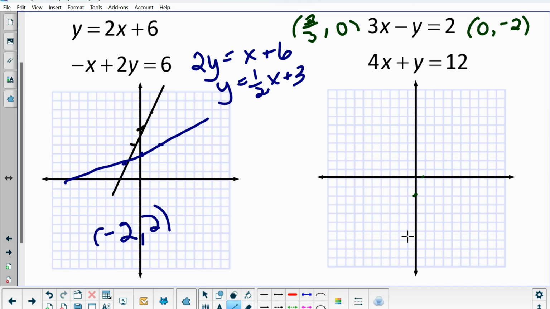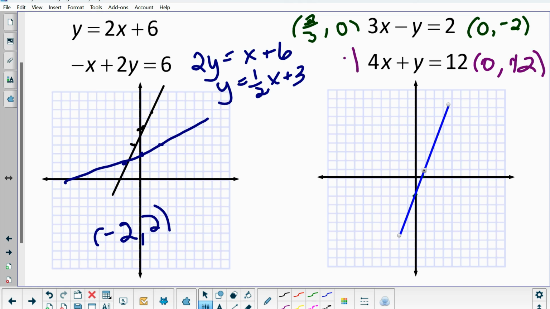Let's see how I do with that. Move that a little bit. Okay, and then the second line, same thing. I'm going to put 0 in for x. That means I'm covering up the x part and just getting y is 12.